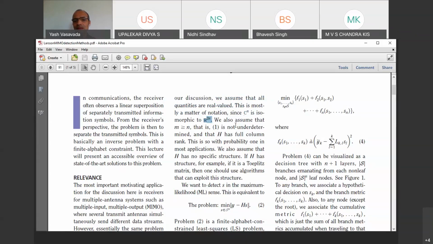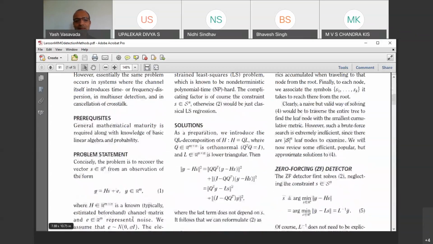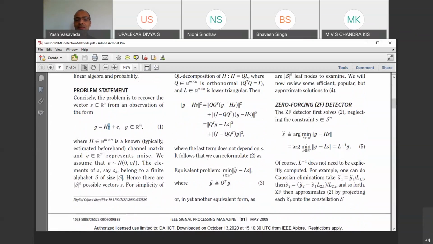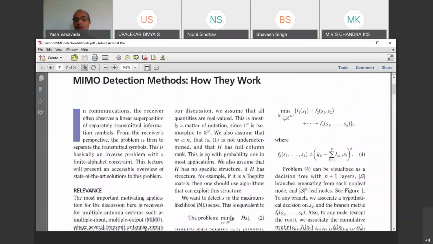And so for mathematical derivations, although the elements of this vector s are considered real valued, it doesn't mean that this method applies, for example, only to BPSK or pulse amplitude modulation. It applies to all the different modulation schemes that we have learned, except that instead of considering them as complex valued entities, we would have to turn them into real valued numbers.